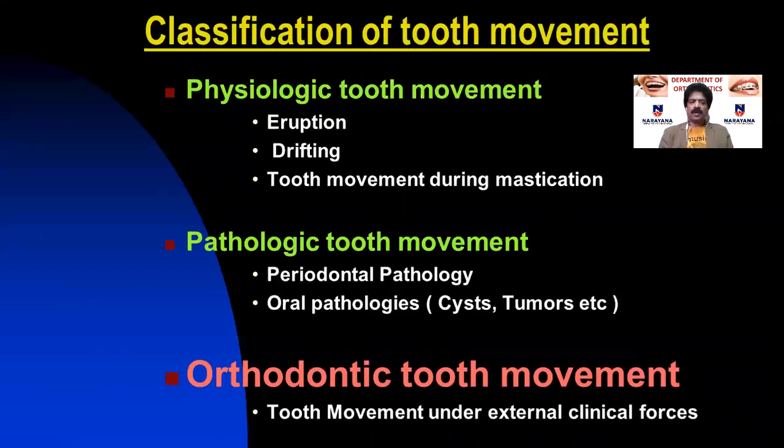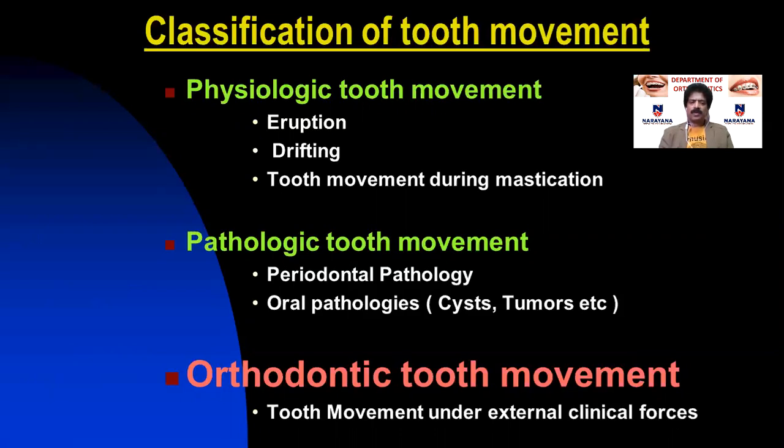Then you have pathological tooth movement. All of you know what is pathology by now, we're in the final year. It may be periodontal pathology, because of periodontitis or the different gingivitis, all the periodontal problems. Then you have the cysts and tumors, all these things.